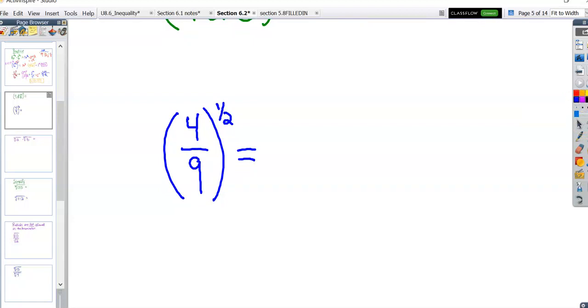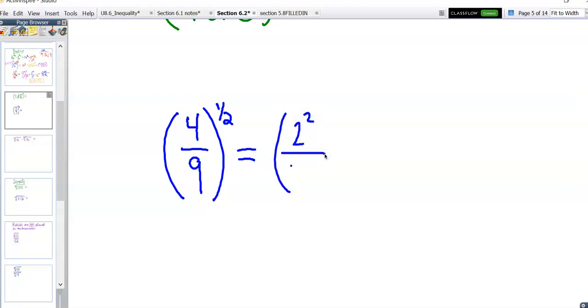And then for this second example, we have 4 over 9 all raised to the 1/2 power. So you can rewrite the bases because those are both squares. So you can rewrite this as 2 squared over 3 squared, all raised to the 1/2 power.